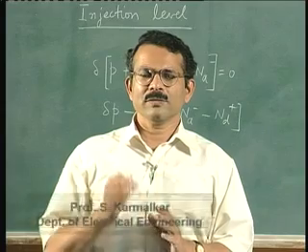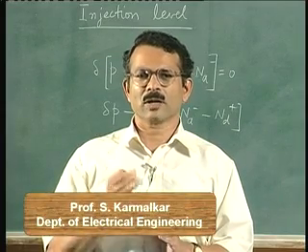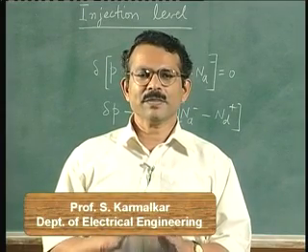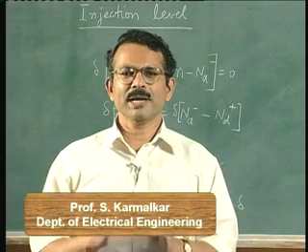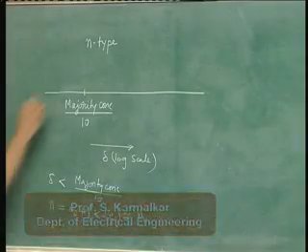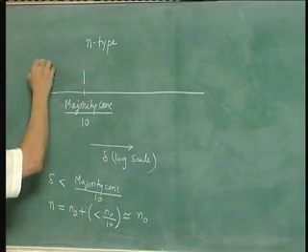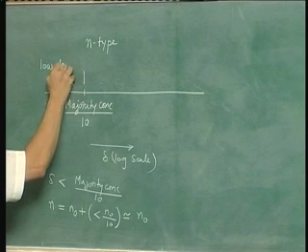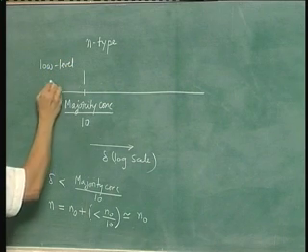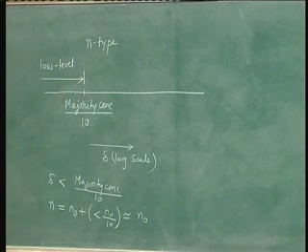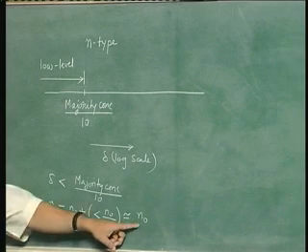Now depending on whether the majority carrier concentration is disturbed or not, we classify the injection level into several parts. This particular region is called low injection level or simply low level, when the majority carrier concentration is not disturbed.